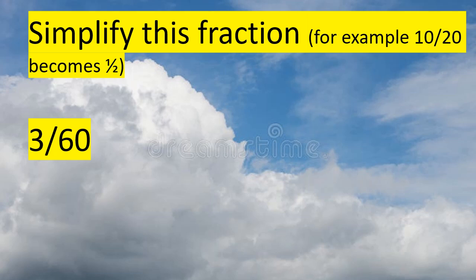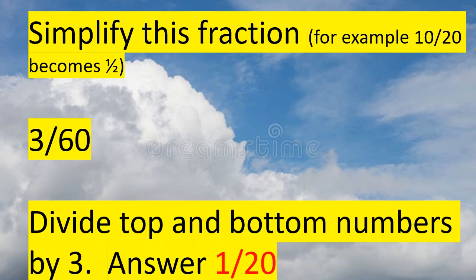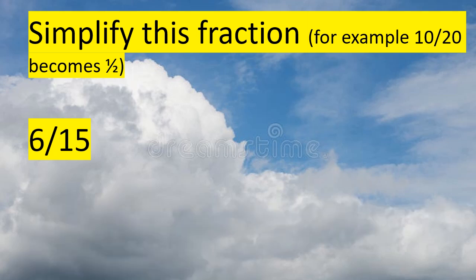And the answer is, you divide the top and the bottom numbers by 3, and the answer is 1 by 20. Next one, same idea, 6 by 15. Simplify that one.